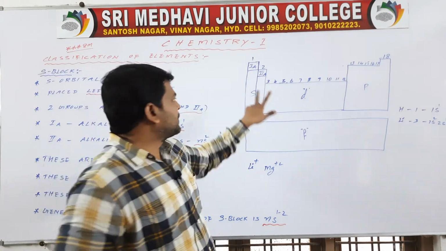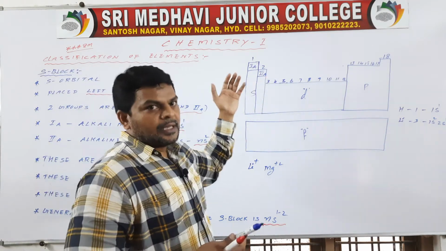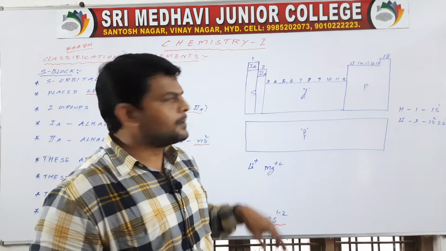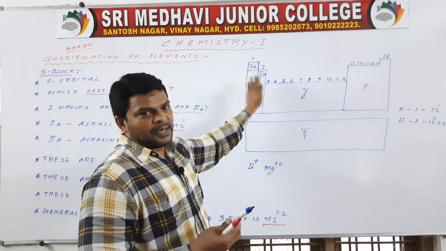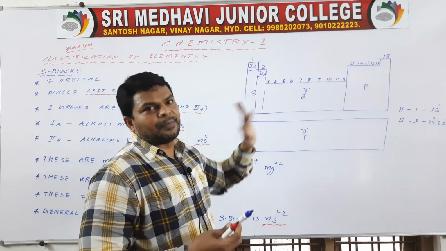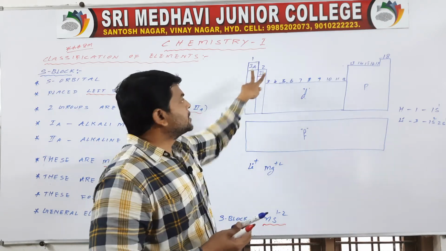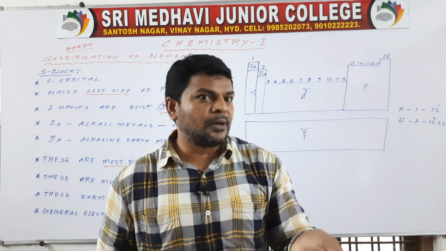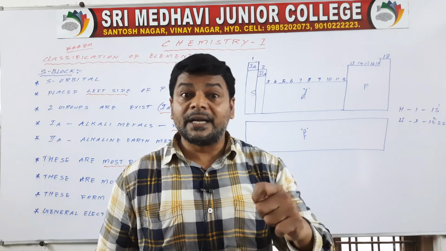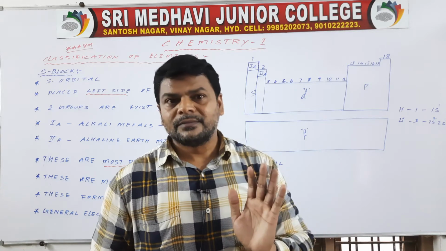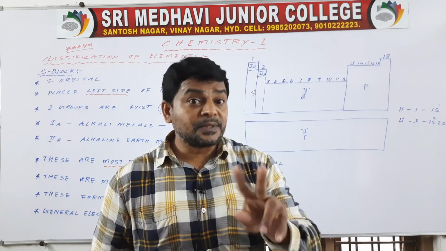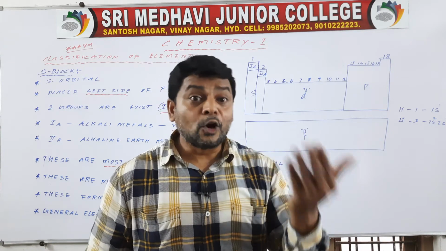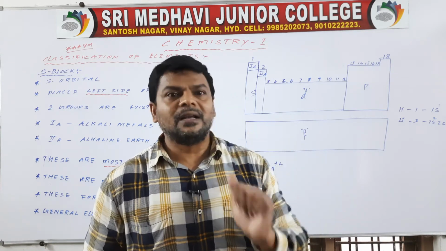So briefly, it is placed at the extreme. The elements whose differentiating electron enters into the s orbital are called s block elements. These two groups are placed at the extreme left side of the periodic table. Due to the presence of two groups in s block, two electrons can be accommodated in the s orbital.